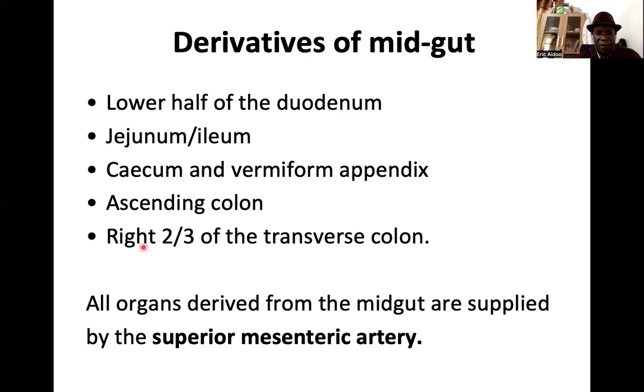Then you have the right 2/3 of the transverse colon. So ascending colon and then transverse colon, which means that the 2/3 means that you are dividing the transverse colon into 3 parts, and you are taking the first 2 on the right, okay, on the right of the individual, standing in an anatomical position, not as you facing the person.